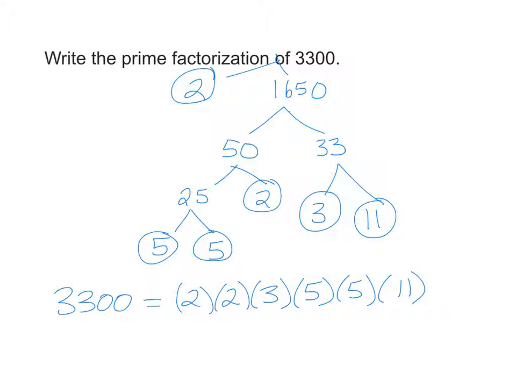So put both of those down. And then there's a 3, 2 5s, and 11. That's what you should have ended up with. When you multiply all those numbers together, you get 3,300. You could also write this as 2 squared times 3 times 5 squared times 11.